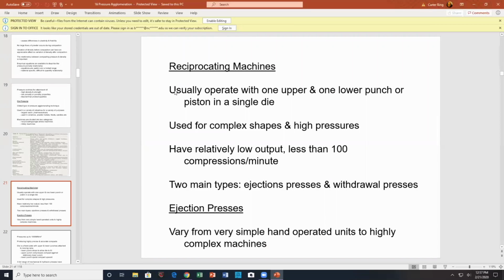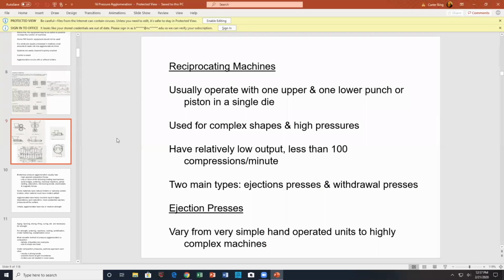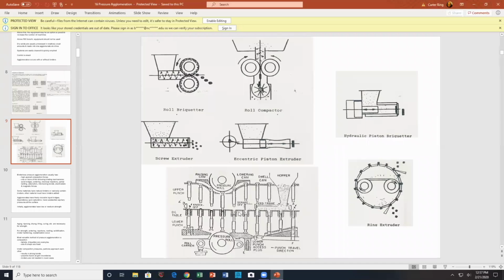Usually reciprocating machines operate with one upper and one lower punch or piston on a single die. See what happens with our tableting machine. Let's take a look at it. This is a rotating table right here.